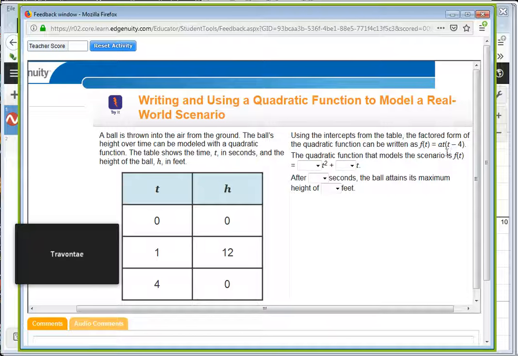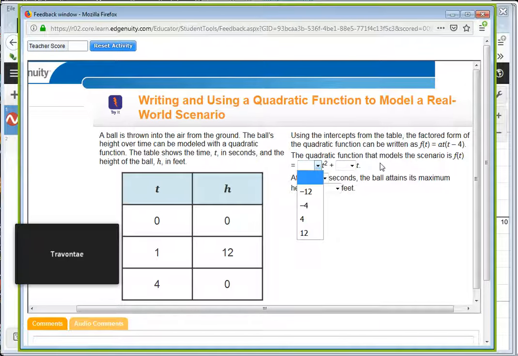What's negative 4t times t? Negative 4t times t. Oh, negative 4T squared. Right, okay, so what is the term that we're going to choose out of this first box? Negative 4.